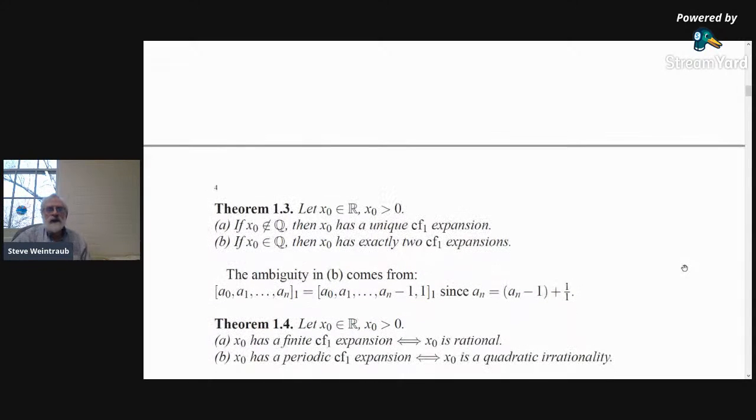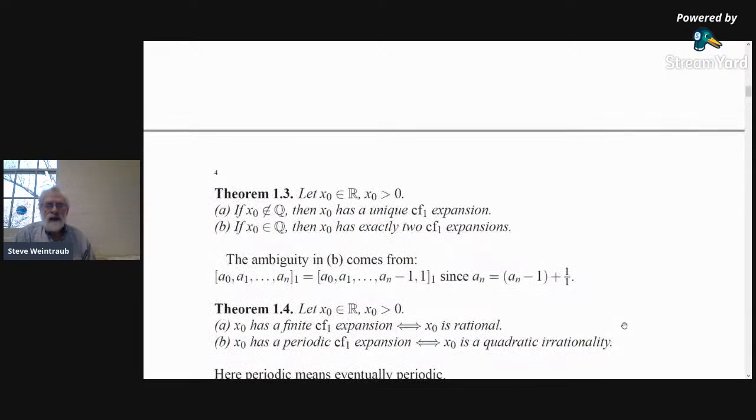And then we have the following theorem, which says that a positive real number has a finite expansion if and only if it's rational, and it has a periodic expansion if and only if it is a quadratic irrationality. I want to emphasize that this is for the classical case, continued fractions with numerator 1. Here, periodic means eventually periodic from some point on.